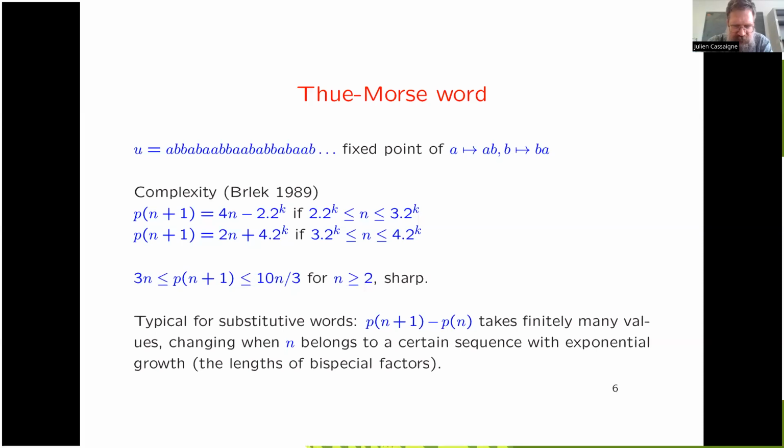And the intervals change at powers of 2 and 3 times the power of 2. And the constants are adjusted so that the function is continuous, in the sense that at the boundary between two intervals, both formulas give the same value.